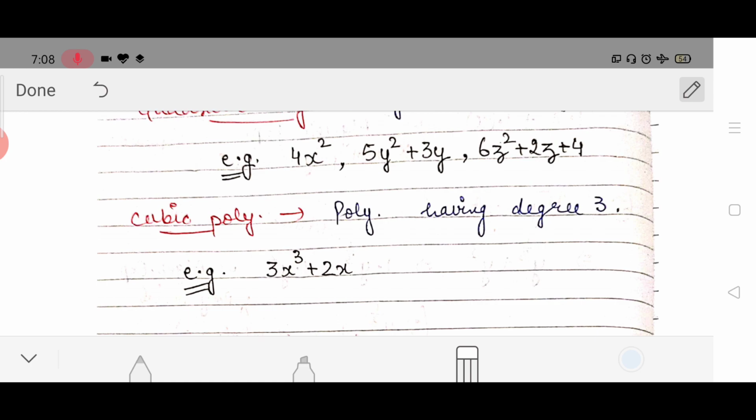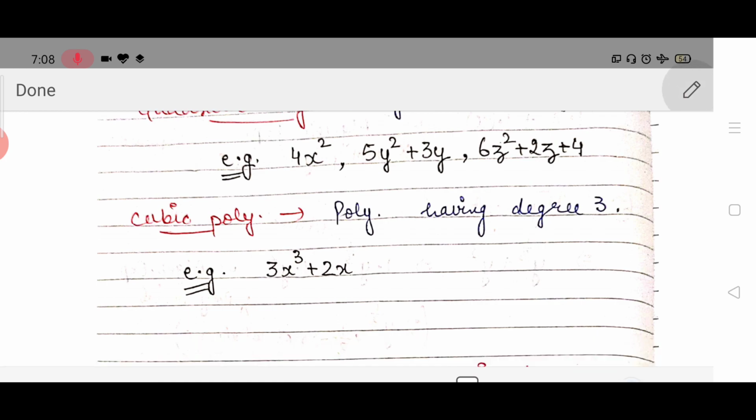So you have to keep in mind, earlier we studied monomial, binomial, trinomial, and this is linear, quadratic and cubic. So there is a difference between both. Monomial, binomial and trinomial were based on the number of terms, that is how many terms the polynomial has. For example, let us consider this example.